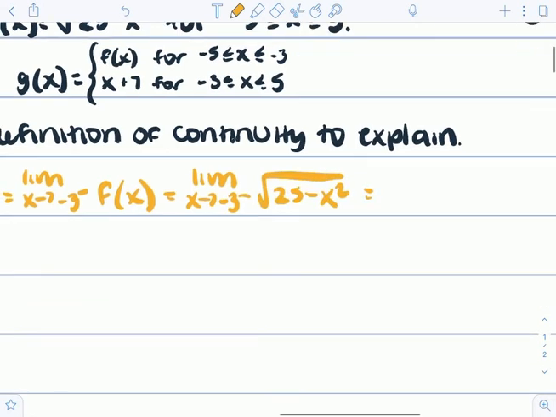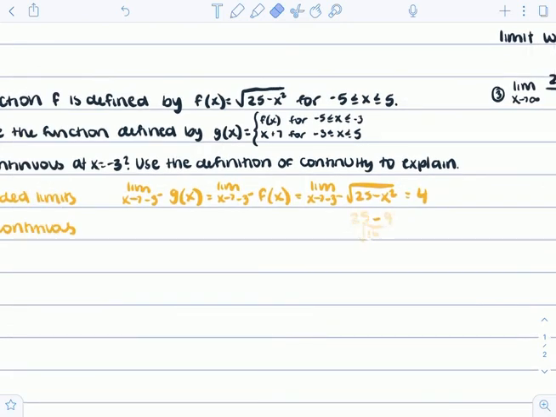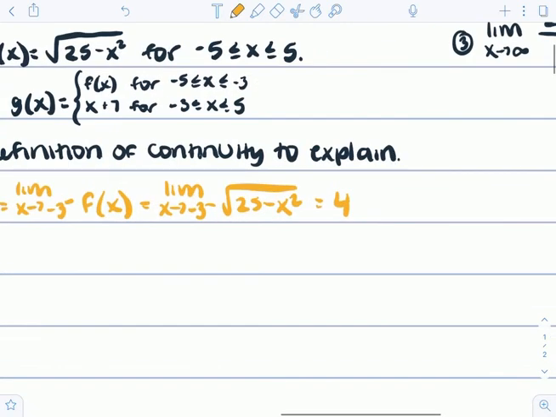What does this equal? We just plug in x, which is -3. So 25 minus 9 equals 16. Square root of 16 is 4. So this is the left side that we've proved.